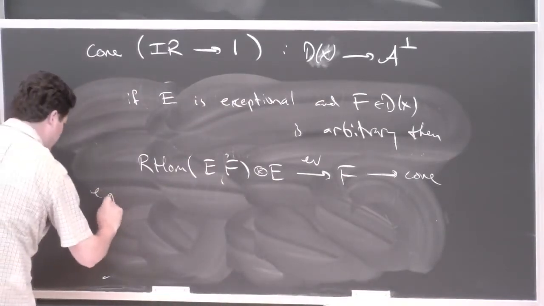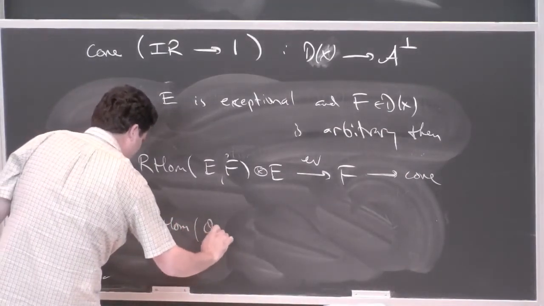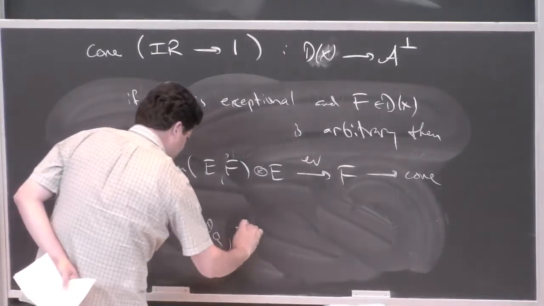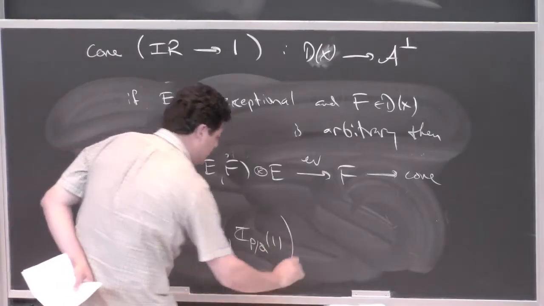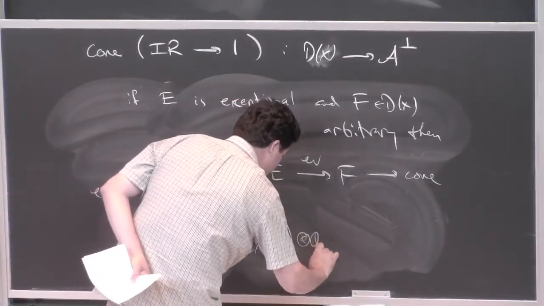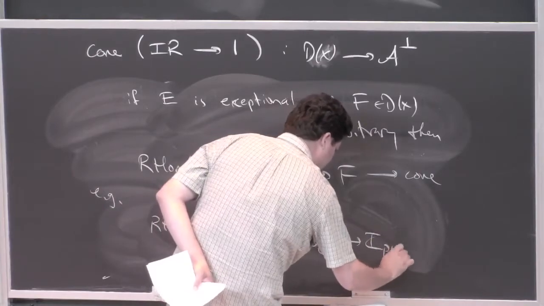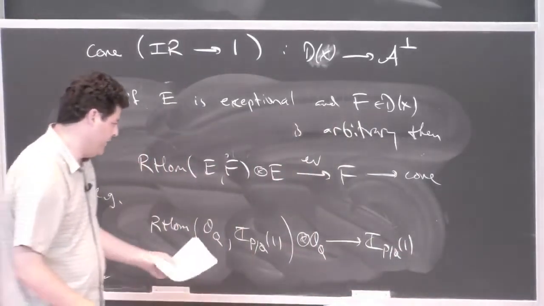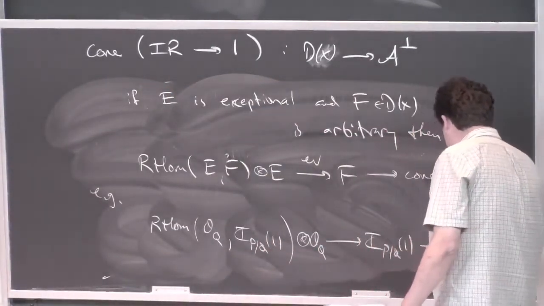For example, we took R hom between O_Q and this ideal sheaf twisted by 1, tensor O_Q, and we took the evaluation map to I, and then the cone was actually this kernel, the spinner sheaf.